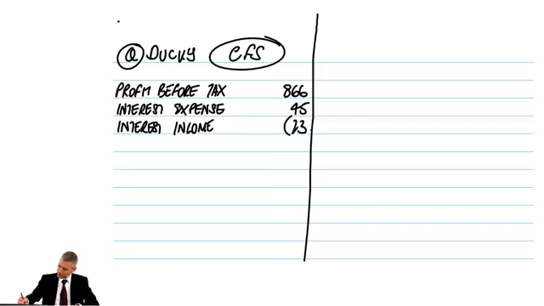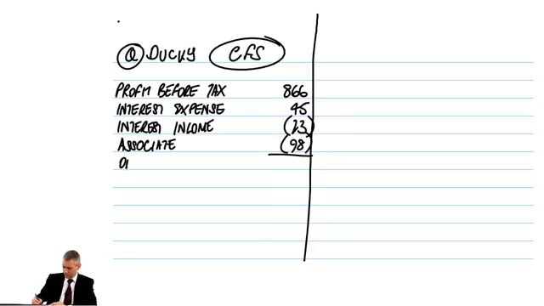Plus 23 becomes minus 23 as we reverse upwards. Then associate is 98 plus, and we make it 98 minus, and then the strangest thing of all, we work out the operating profit.